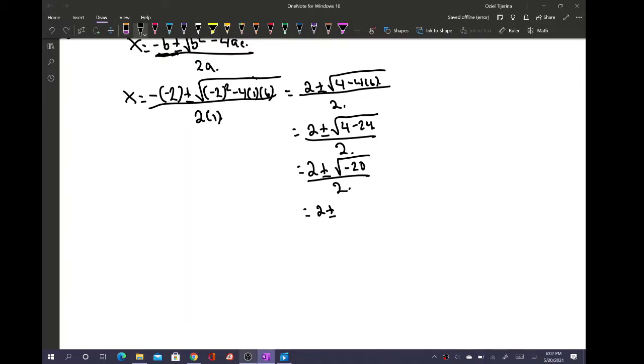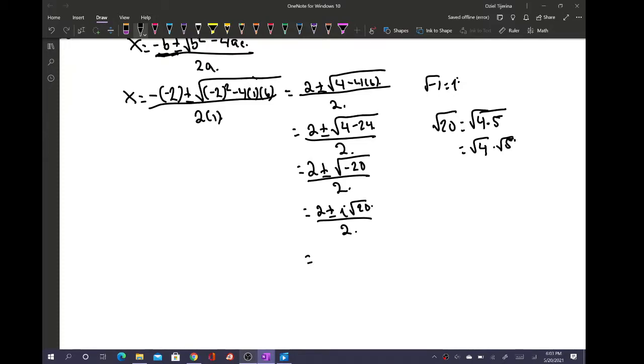Which is 2 plus or minus, and we want to go ahead and take the i out. So basically, the square root of negative 1 is i, so we have i times the square root of 20 over 2, and the square root of 20 is equal to the square root of 4 times 5, which is equal to the square root of 4 times the square root of 5.